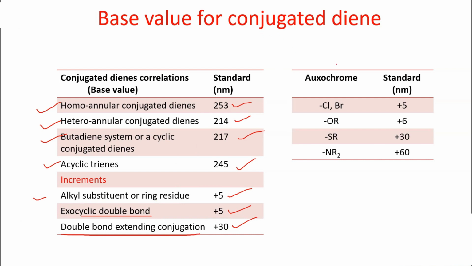If some auxochromes are present on the conjugated diene, like chloro and bromo, we have to add 5 nanometer. If an alkoxy group is present, we have to add 6 nanometer. If a sulfide group is present, we have to add 30 nanometer. If an amino group is present, we have to add 60 nanometer.